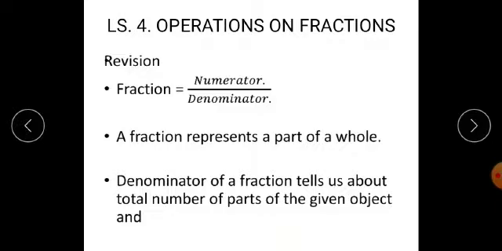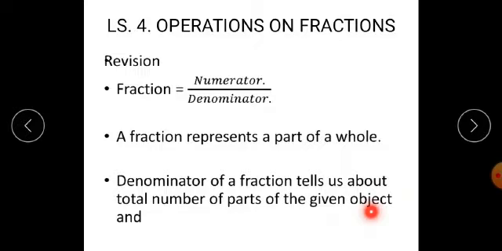The best example of a fraction, students: you all like Puran Poli. Now, if one Puran Poli is divided into two equal parts, and you enjoy one part of it, then the part which you have enjoyed is represented by 1 upon 2. Here 1 means numerator and 2 means denominator. The denominator of a fraction tells us the total number of parts of the given object.